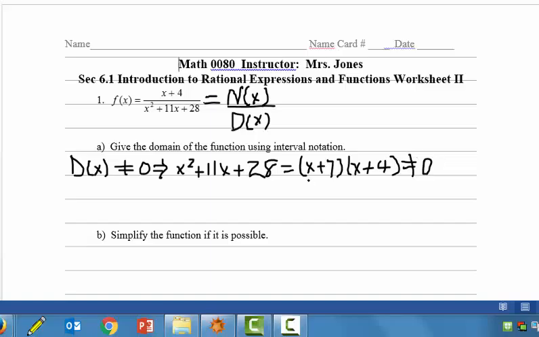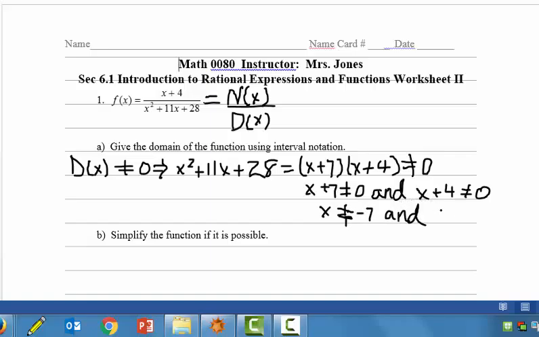So that means x plus 7 can't be 0, and x plus 4 can't be 0. Which means x can't be negative 7, and x cannot be negative 4.